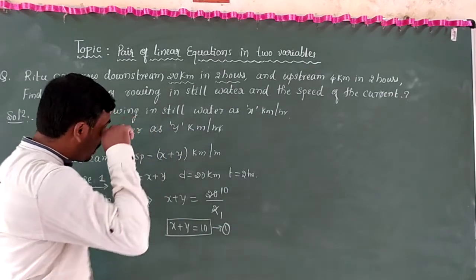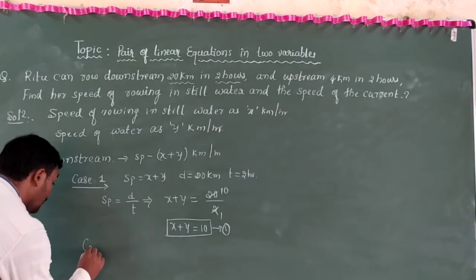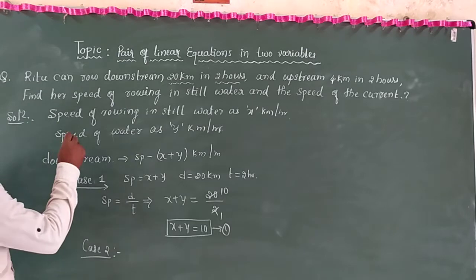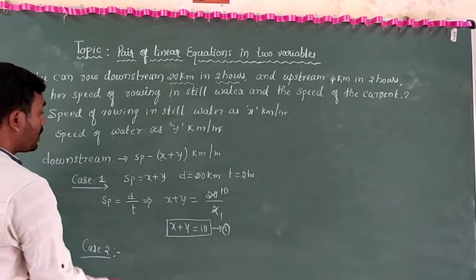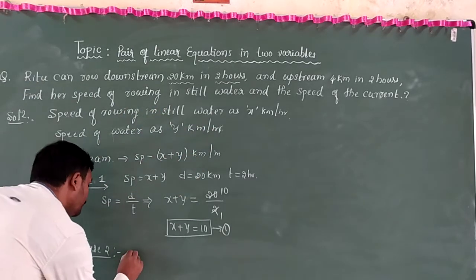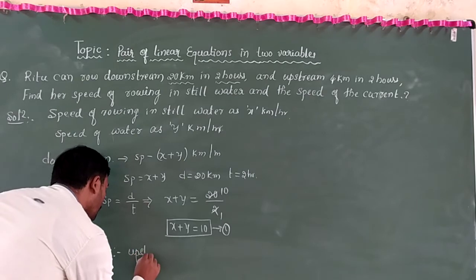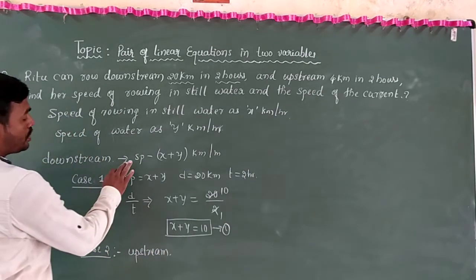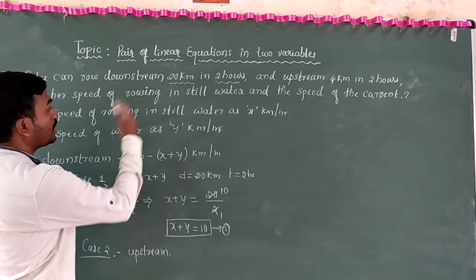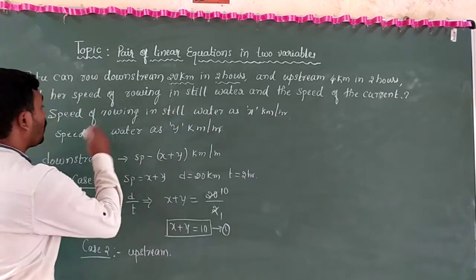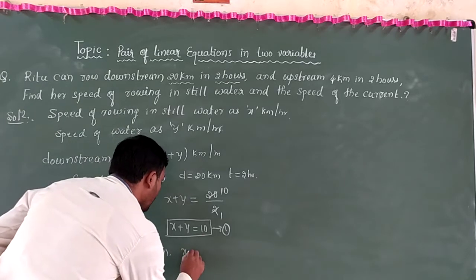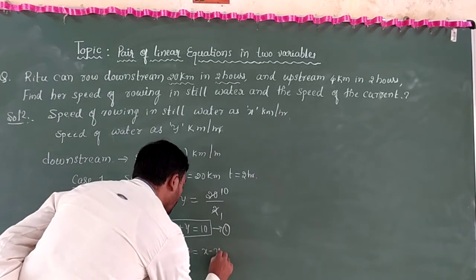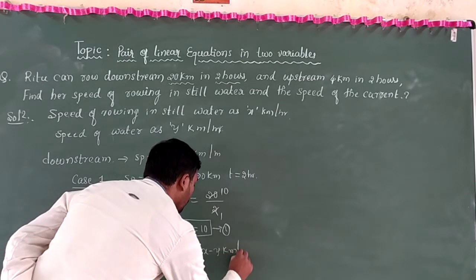Let us take case number 2. Our case number 2 is upstream. Upstream means we have to subtract the speed of water from the speed of rowing. So speed becomes x minus y kilometer per hour.